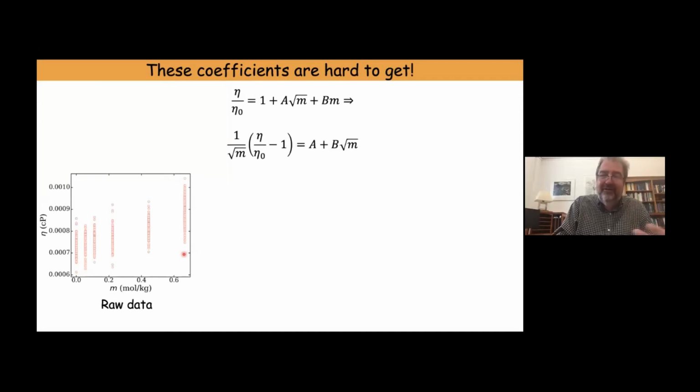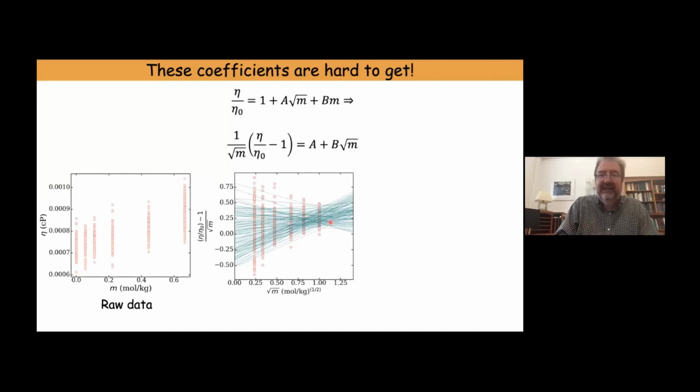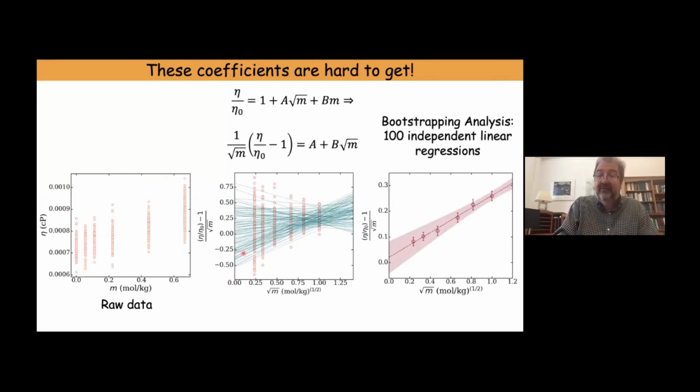So you need a lot of statistical analysis, and we did that very thoroughly to get a good value for this coefficient by doing a bootstrapping analysis, 100 independent linear regressions, and simulations totaling many, many microseconds of simulation time.